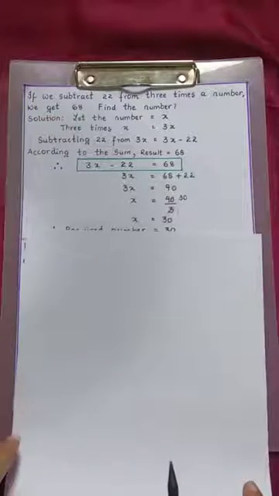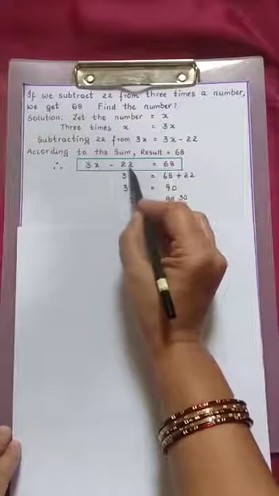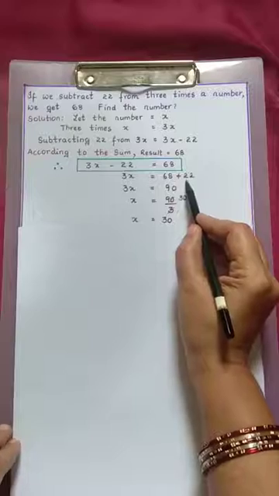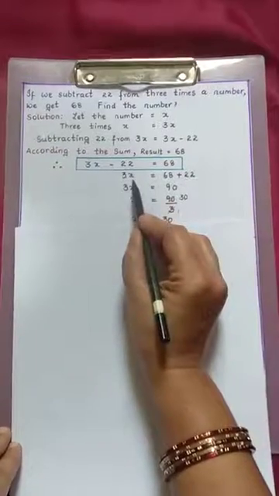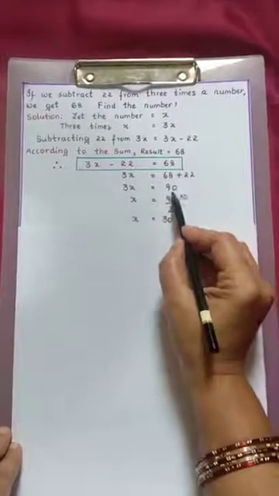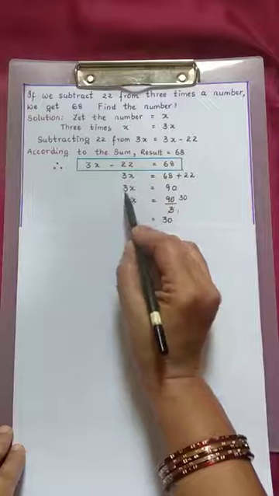Now if we solve, you see. This is left side, we have minus 22. Now this minus 22, if you transpose to the right side, it becomes plus 22. So 3x is equal to 68 plus 22. So 3x is equal to 90. Now here, leaving variable term here, we have 3 into x.